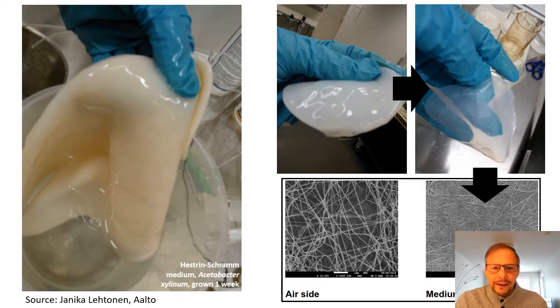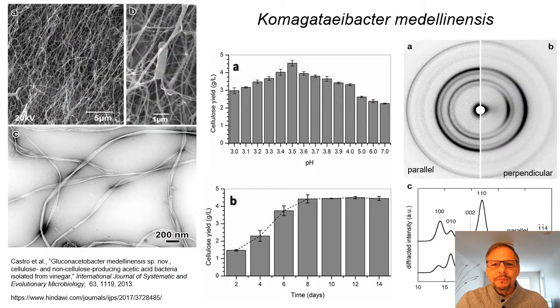On the air side, you can see the SEM image on the left at the bottom square, and then on the right, that will be the medium side, that is the side where the bacterial cellulose film was produced. And there is a differentiation. In a way, funnily enough, similar to what you see in papermaking, where paper is produced and there are two sides to paper, the air side and the bottom felt side, that are also different.